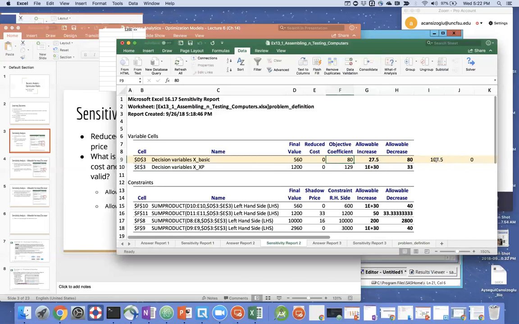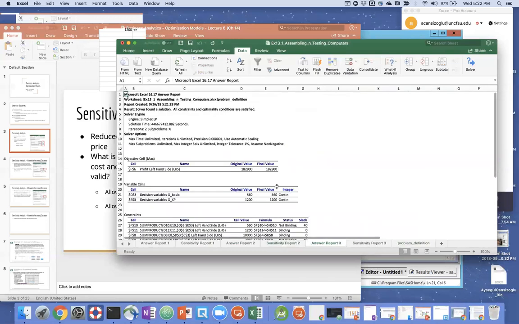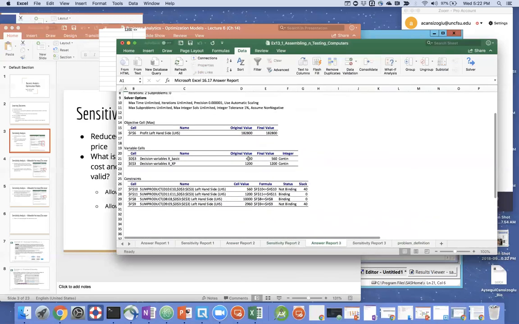So instead of 80, let's make it 50, because 50 is still within this range. Then I solved the problem again, and this is the report from that. It still tells me exactly the same solution.